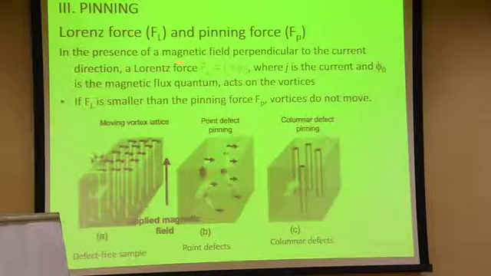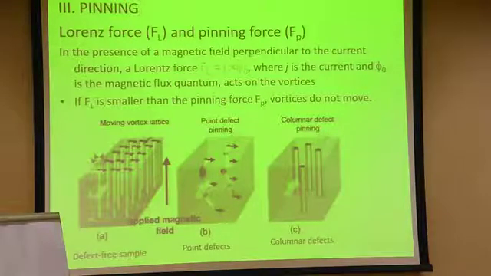If the field is perpendicular to the current, the Lorentz force is perpendicular to both of them. You know the rule of thumb, yeah? If you have a force, you will move all the vortices. If the vortices move, what happens? We have dissipation because the supercurrents will at some point cross the normal cores of the moving vortices, and of course there will be a voltage drop.